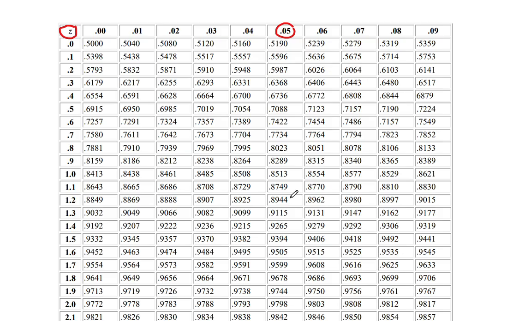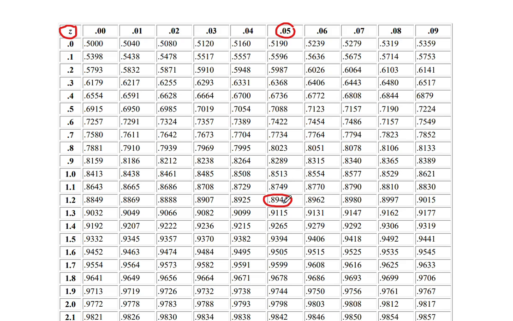So the reading that we're looking for is this reading here, 0.8944. So you have to match the corresponding row and column values for the Z value that you're looking for. We're looking for 1.25, so we come down in the Z column, go to 1.2, and then across on the 0.05.